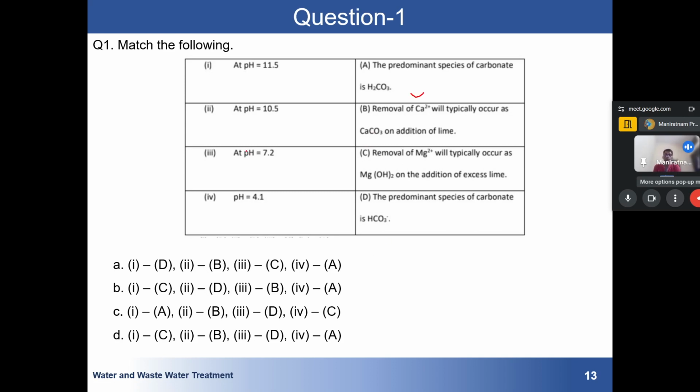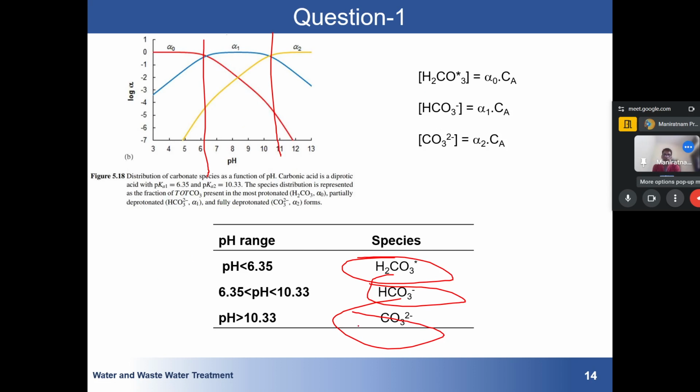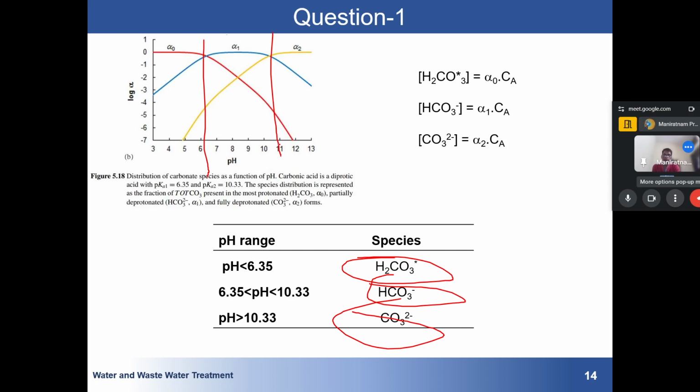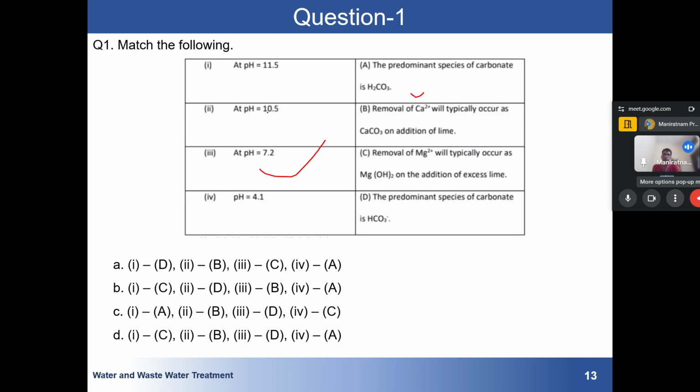At pH 10.5 again, carbonate will be dominant, so again this won't be matching with any other option. But at pH 7.2, alpha one is dominant, meaning bicarbonate is dominant. So this third option will be matching with D option. So these two answers can be correct.